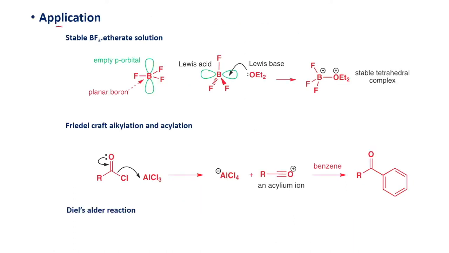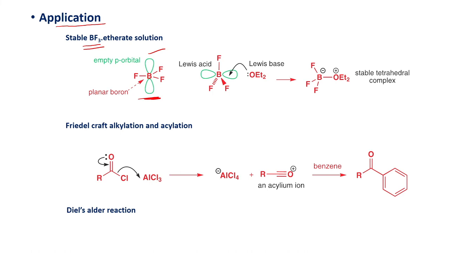Now we will study some applications of Lewis acid-base reactions. In this example you can see BF3 is an electron-deficient species. You can see here the p orbital is empty. That is why it is very unstable, because it can react very fast with any other species.